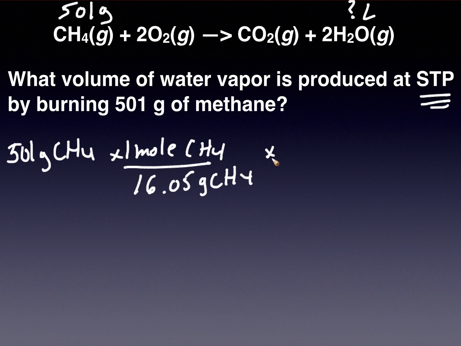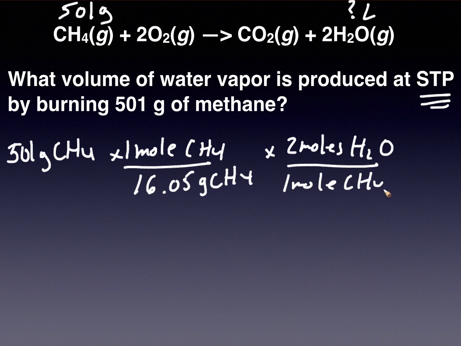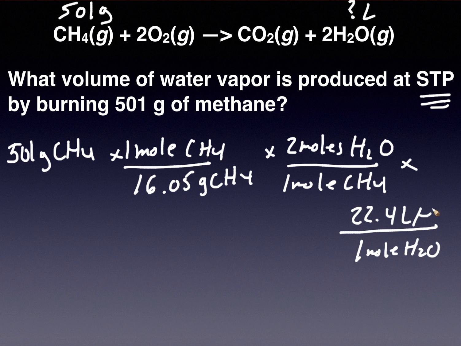Now we're going to go and use our mole ratio. So times 2 moles H2O all over 1 mole CH4. So this is what you want to go to volume. 1 mole of H2O will be on the bottom. And on top we'll have 22.4 liters of H2O.